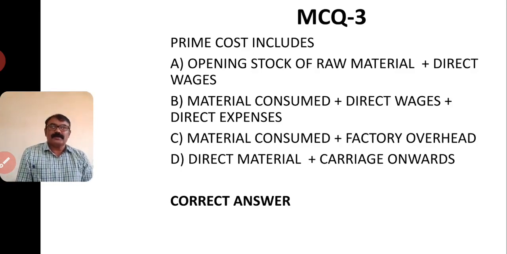The right answer is B, because I explained previously when explaining the format or the specimen. Prime cost means materials consumed, that is direct materials plus direct wages and direct expenses. Direct expense is also called chargeable expenses. It is the right answer B.